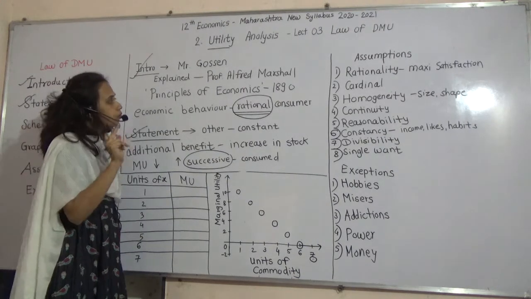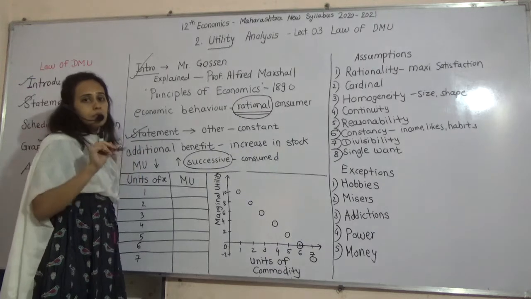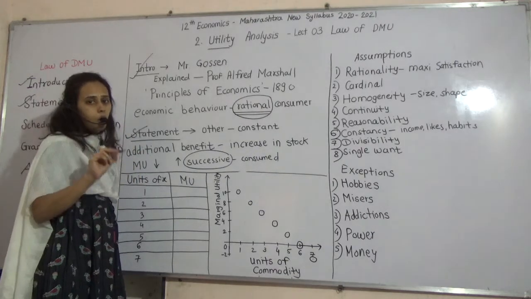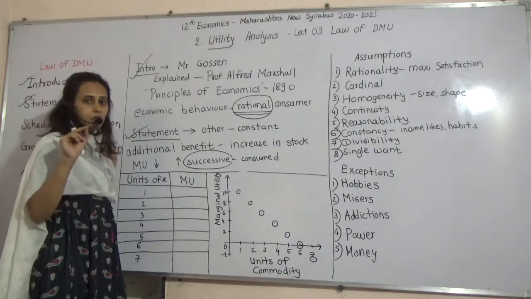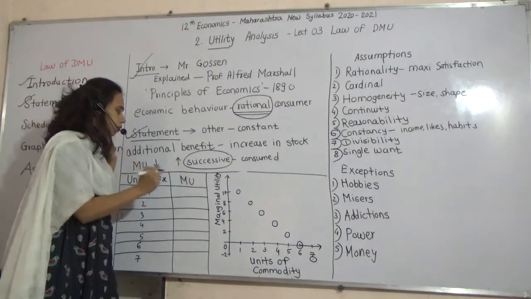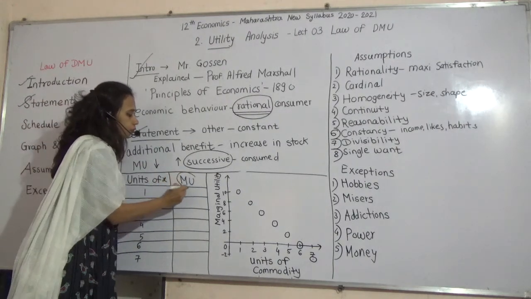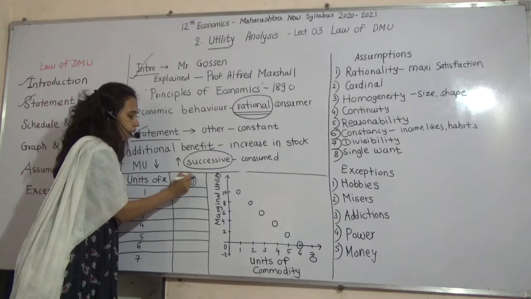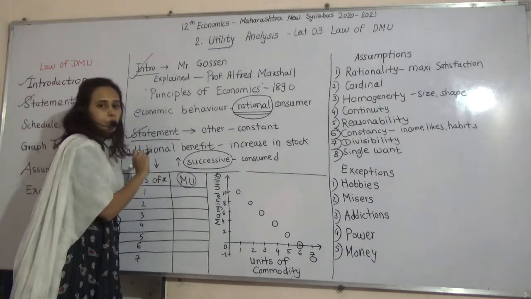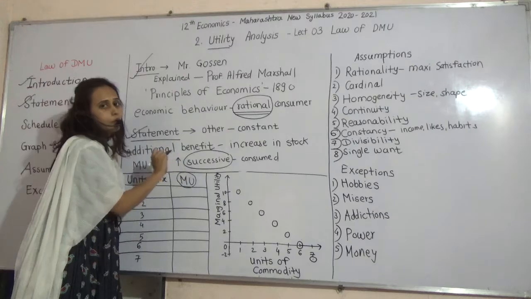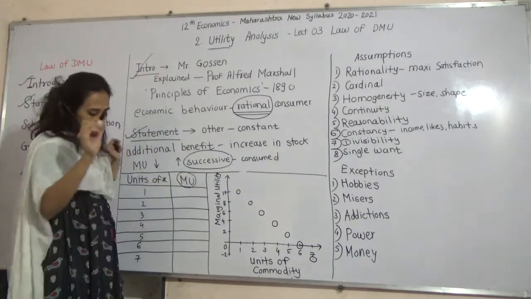Now remember, we are studying the law of DMU, diminishing marginal utility. So remember, you have to draw and write only about MU. Don't get confused. Don't write anything about TU.